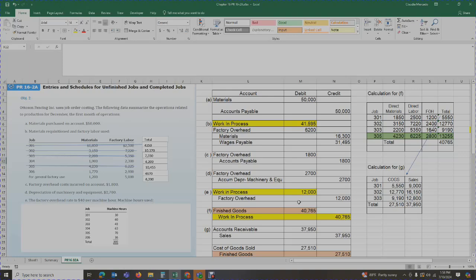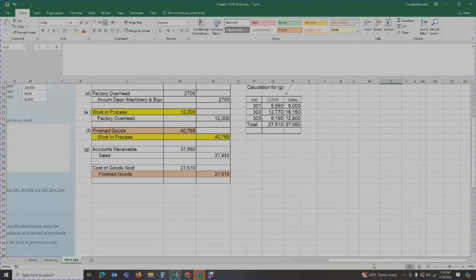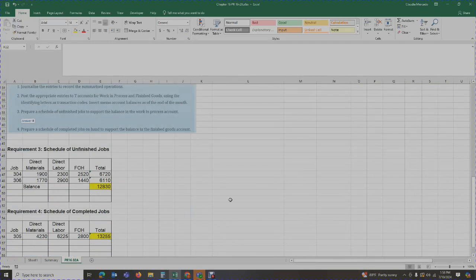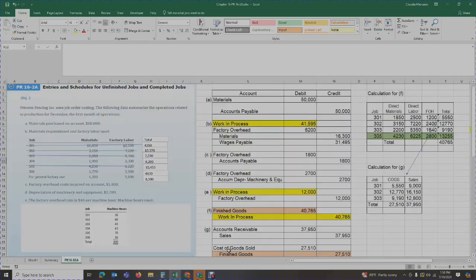It's just a lot of critical thinking as you're progressing through the problem. So this covers quite a bit. It covers your journal entries. It covers several schedules: the schedule of unfinished jobs, the schedule of completed jobs. It helps us calculate the working process and finished goods, and tying those balances on your T accounts to the specific schedules. Okay, so that is the end of this problem.